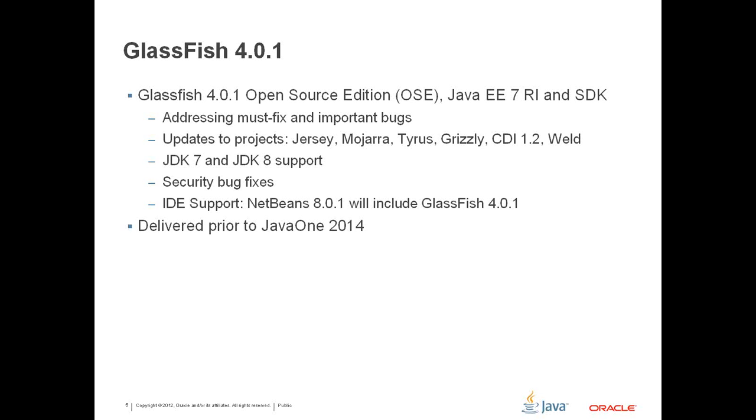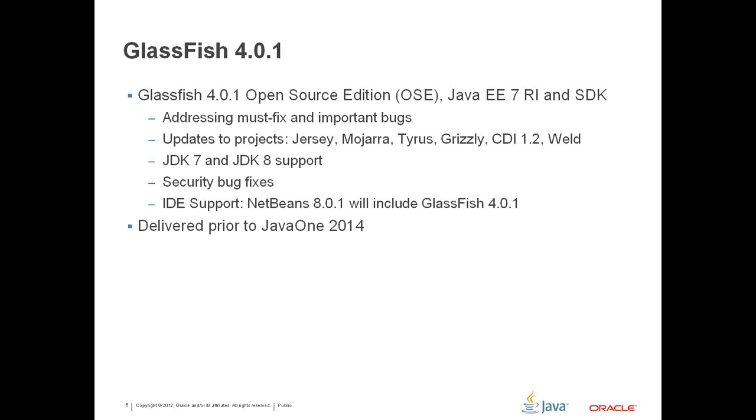What this also means, though, is in addition to those bug fixes, any work that we've done in any of the constituent projects in GlassFish. And remember, GlassFish is a Java EE reference implementation. What this really means is that it's an umbrella project that constitutes all of the Java EE APIs. So things like Jersey, Moxy, Tyrus, Grizzly, CDI, all of these things are included part and parcel of GlassFish.